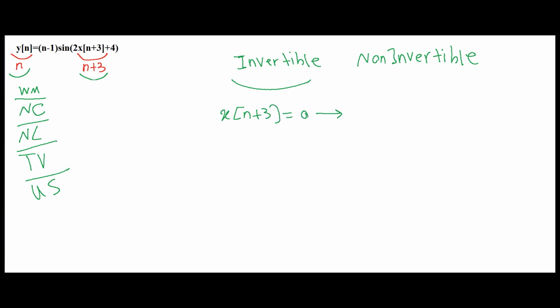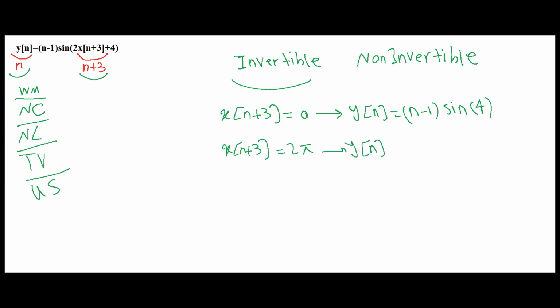Then the output becomes (n minus 1) multiplied by sine of 4. Second, we let x[n plus 3] be 2π.